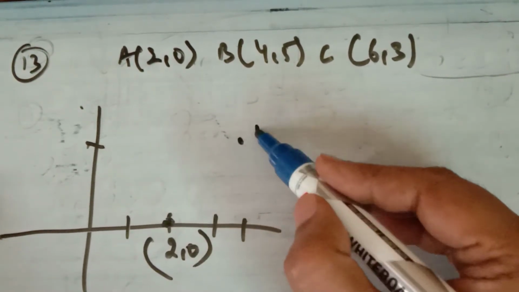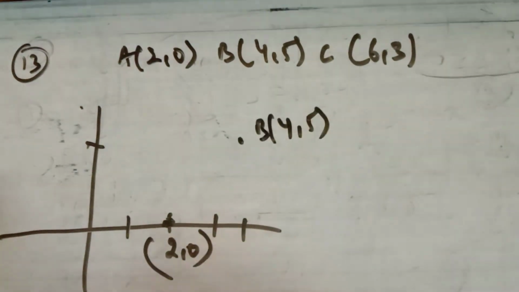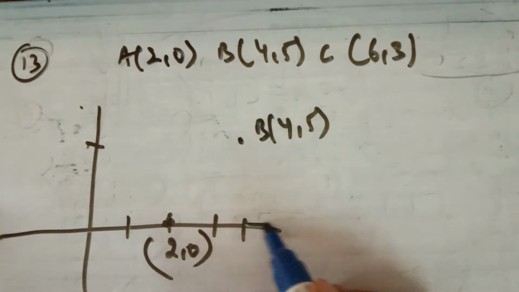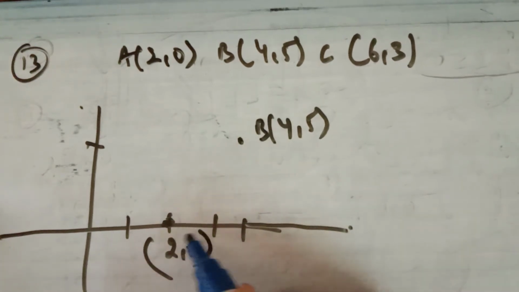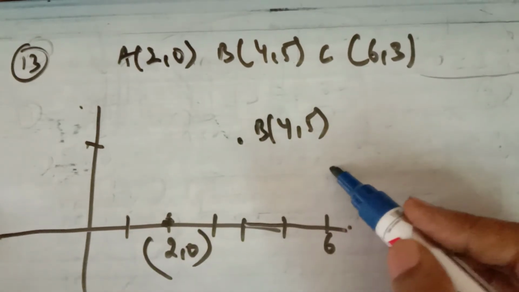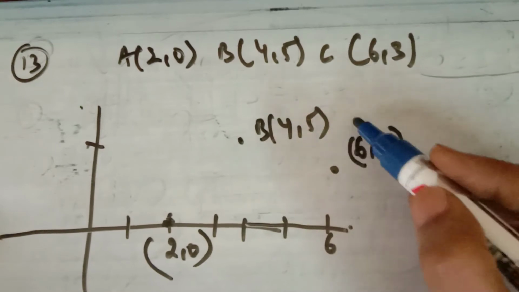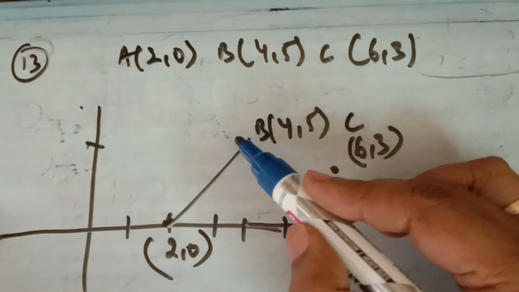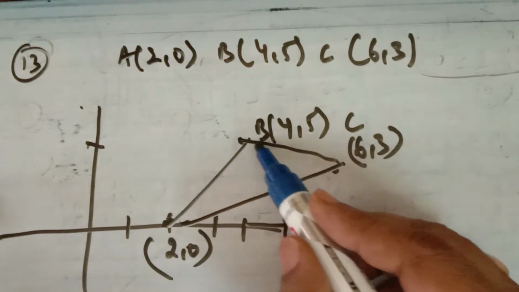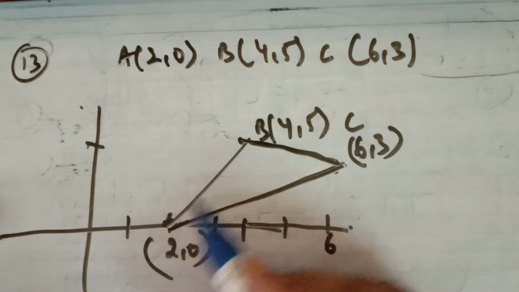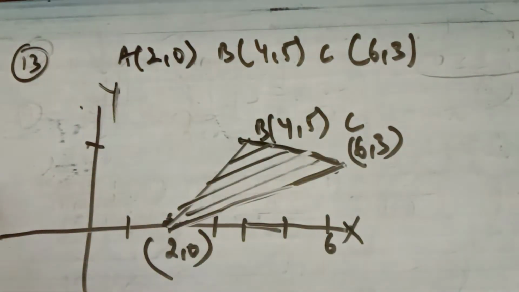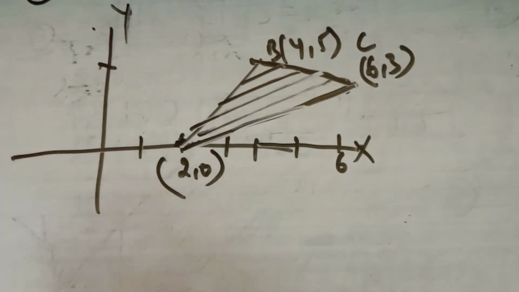This is the point B, which is 4, 5, and the third point is 6, 3. 1, 2, 3, 4, 5, 6, and somewhere 3 will be here. So this will be the point 6, 3, which is the coordinate C. So you have to find this area bounded by these 3 points. This is the x-axis, this is the y-axis, and this area you have to find.